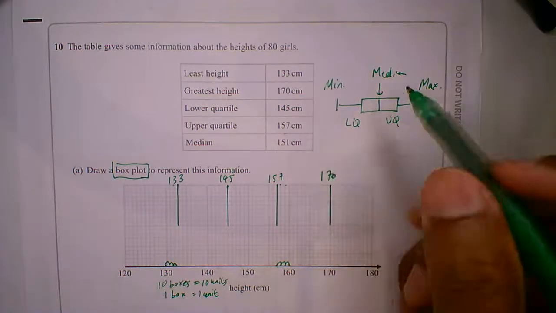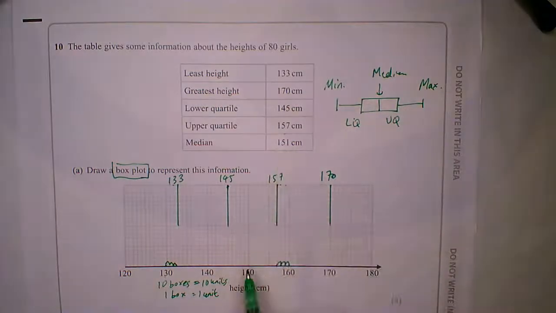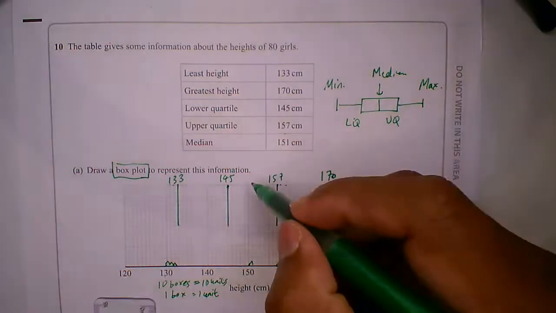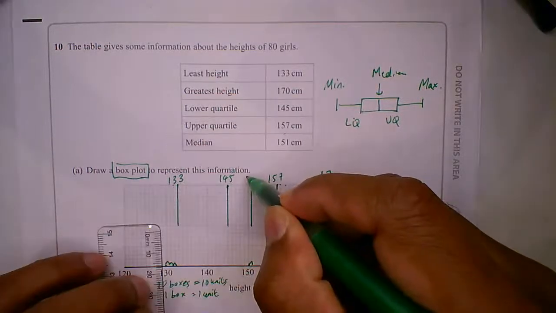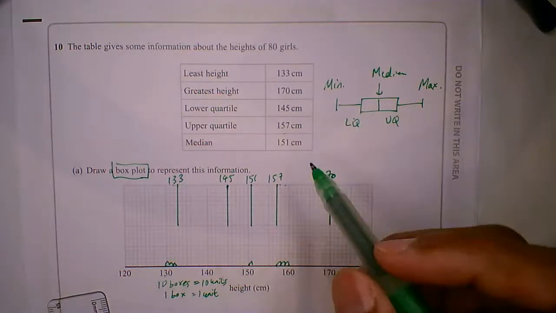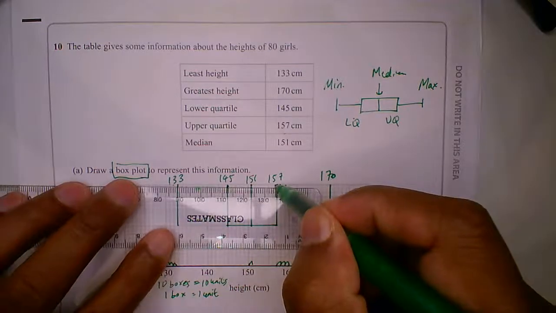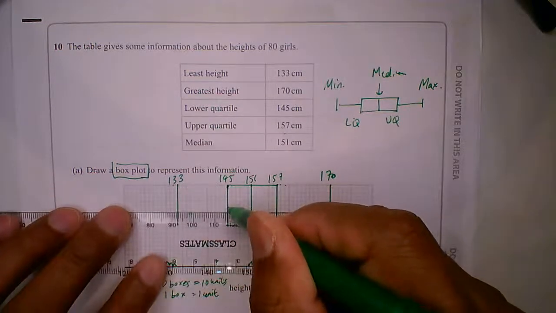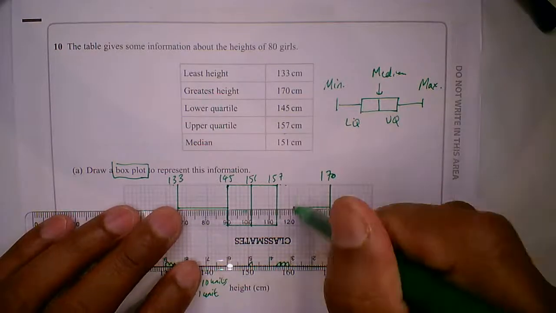And my median is 151, so from 150 I'm just jumping one box. Then I connect these lines, and that is my box plot done.